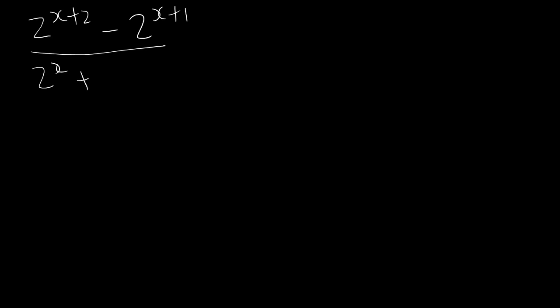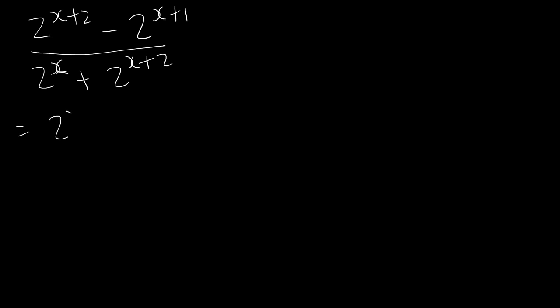So in the third example, we have (2^(x+2) minus 2^(x+1)) all over 2^x plus, let's make that clear, 2^x plus 2^(x+2). So let's separate these.